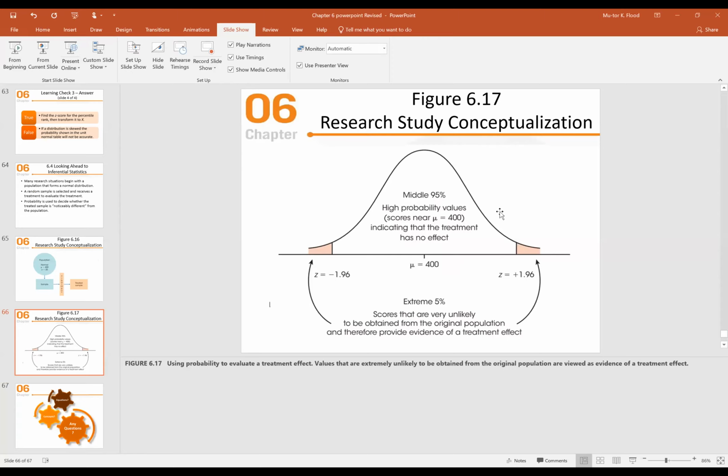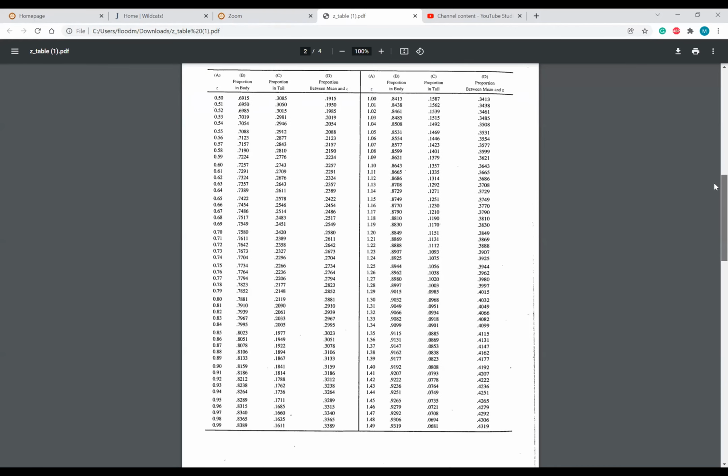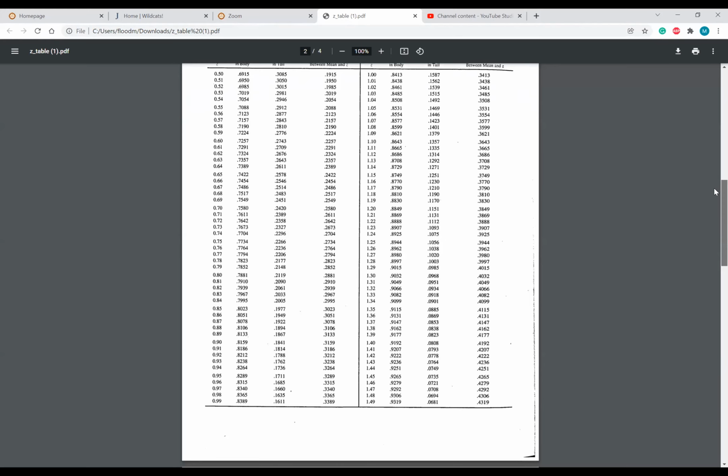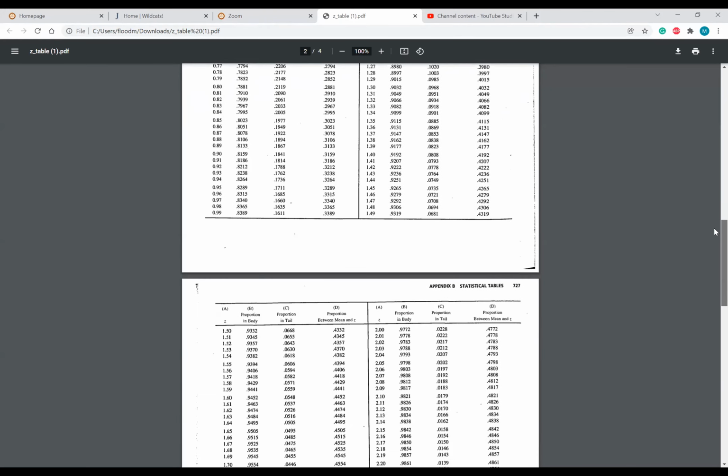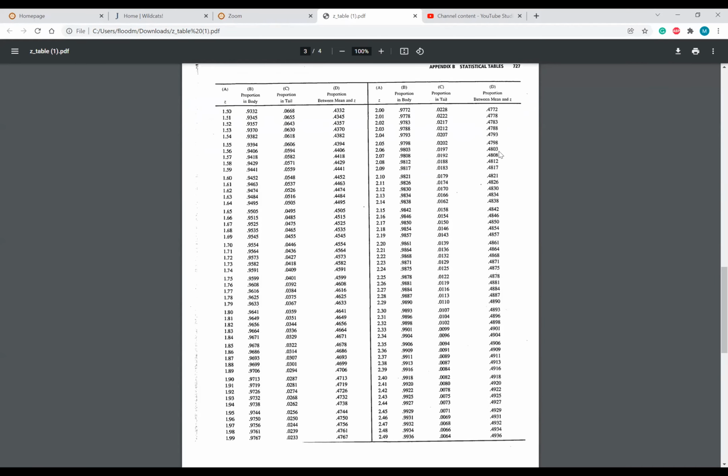Oh, it erased it. So we're looking up 0.4750 in column D. So if we look at column D, 0.4750.